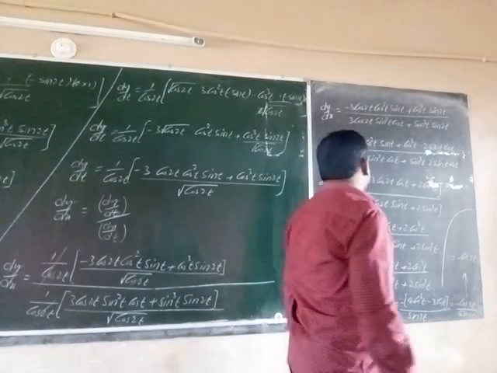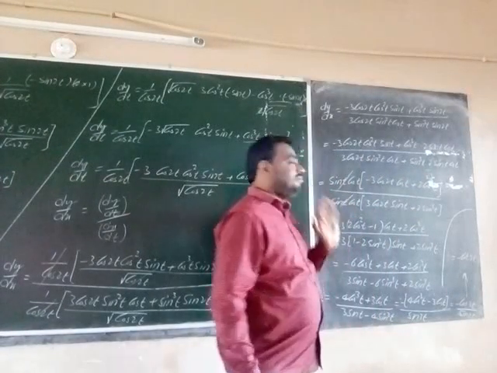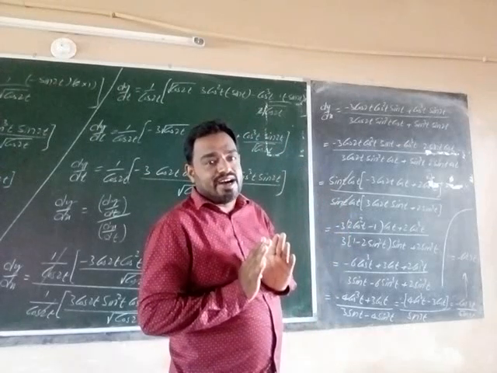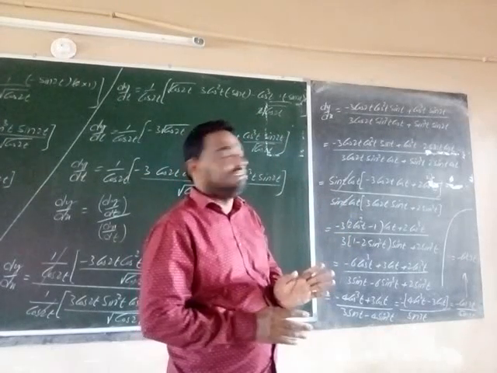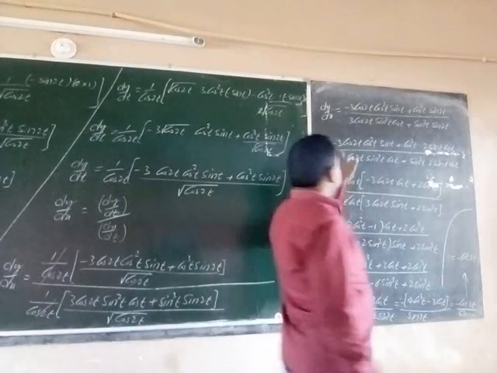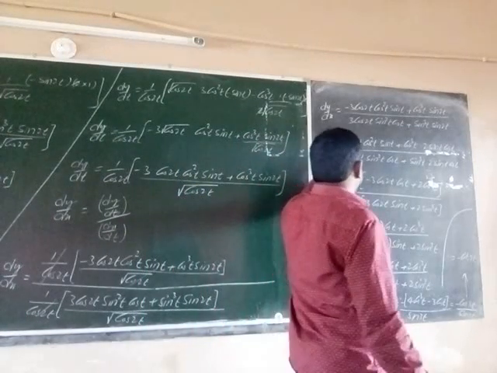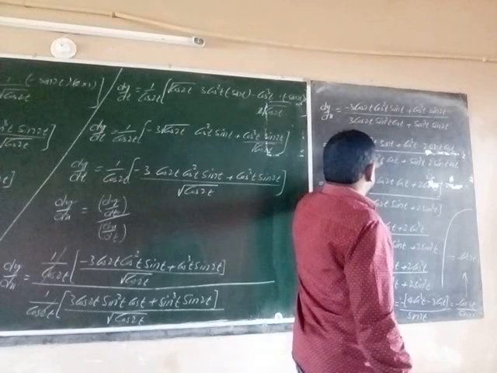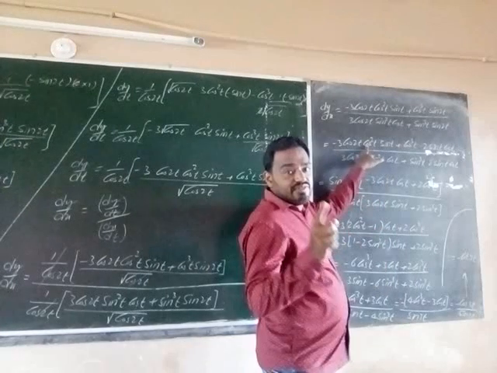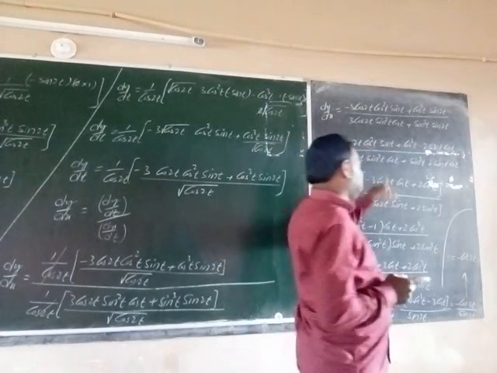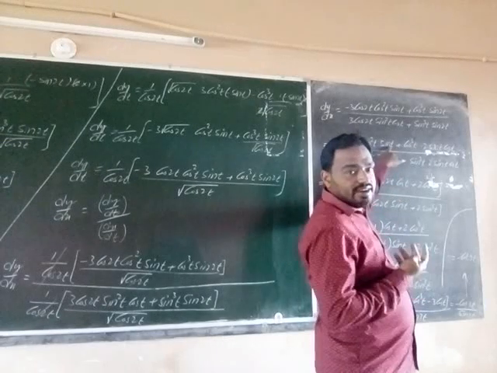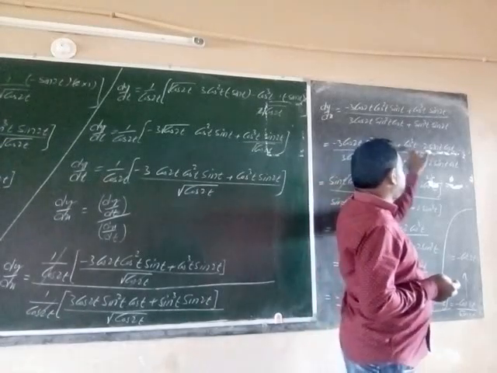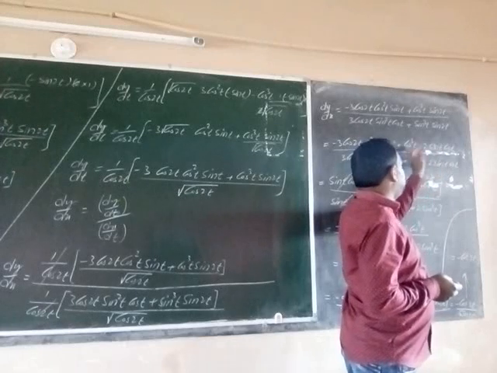So in numerator and denominator I am taking common sin t cos t. What remains is minus 3 cos 2t as it is. Here cos square t is there, and what do we take in common? Cos t, so cos t remains. Sin t is already taken common. Next, cos cube t into 2, so 2 into cos cube t.